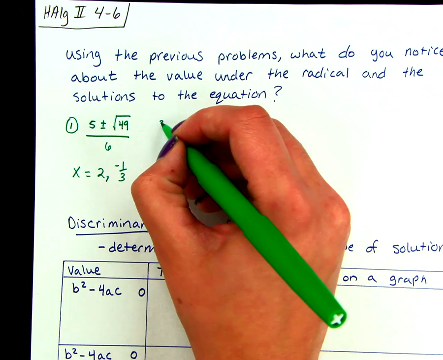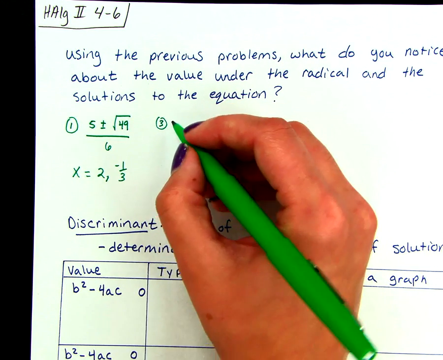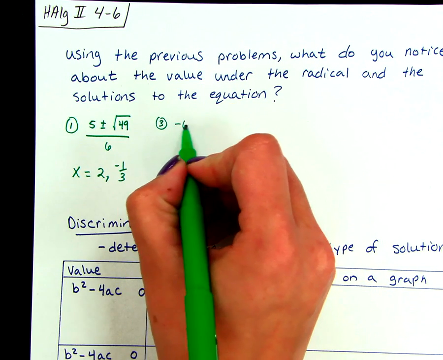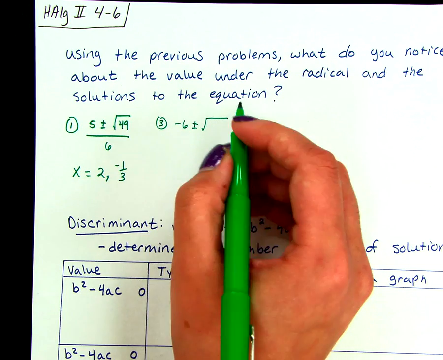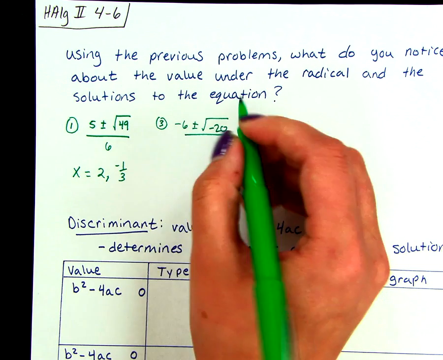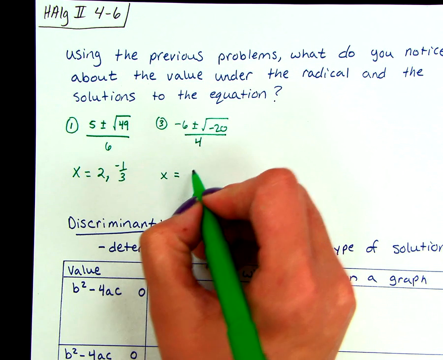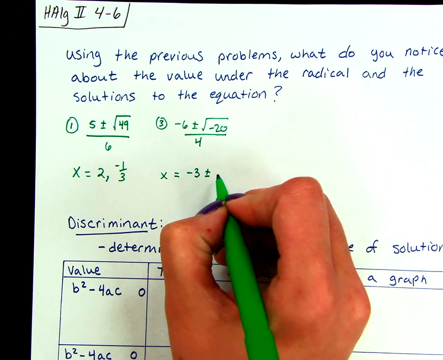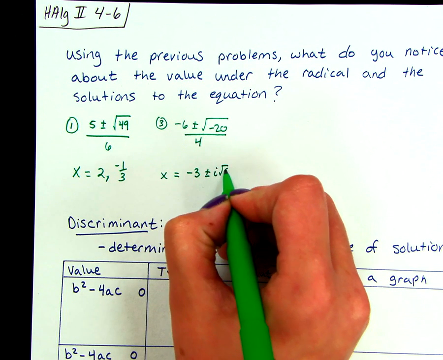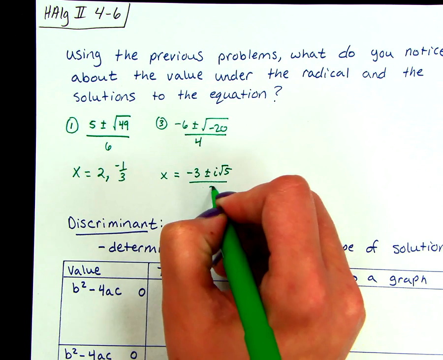So that was from our third problem. We had negative 6 plus minus the square root of negative 20 divided by 4, and our final answers were x equals negative 3 plus minus i square root of 5 over 2.